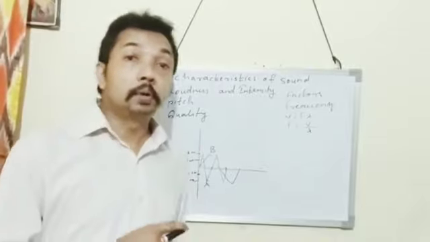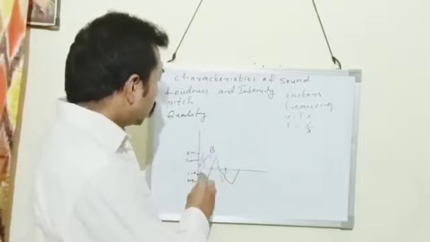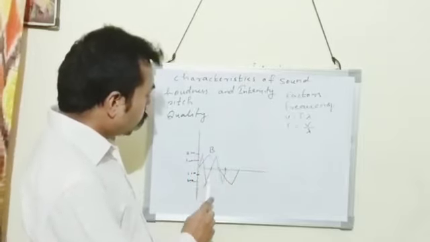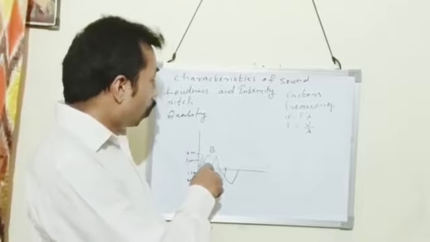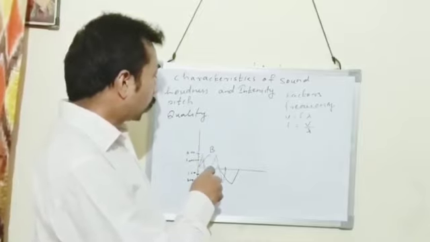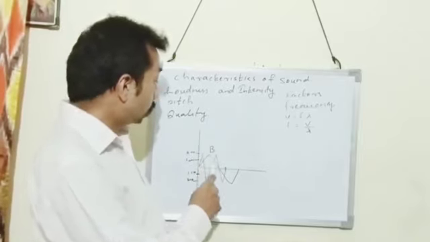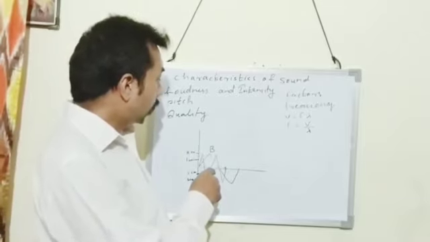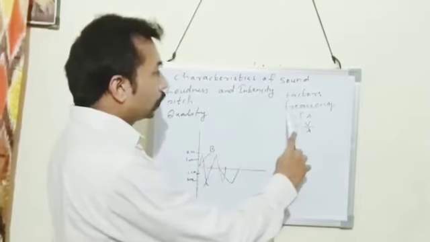And what about the shrillness or pitch? So you can see, this wave A has more frequency, because the wavelength of A is less than that of B. So from this relation we can understand this one.